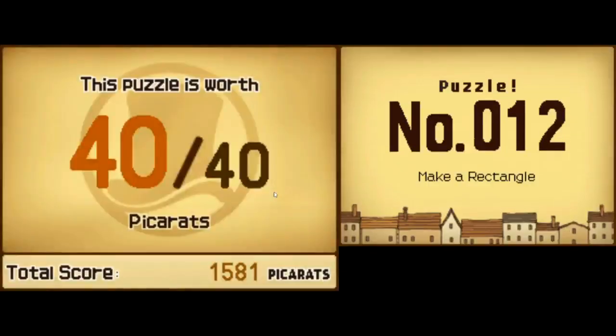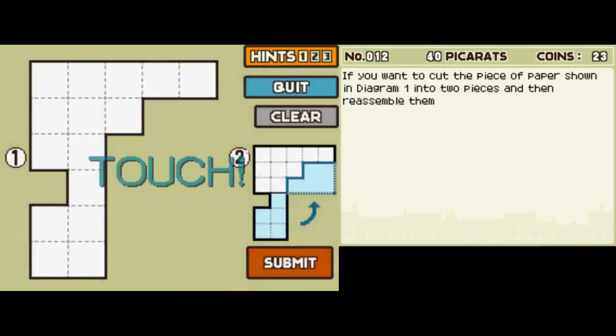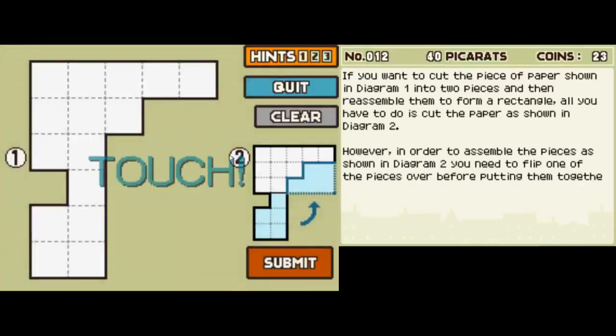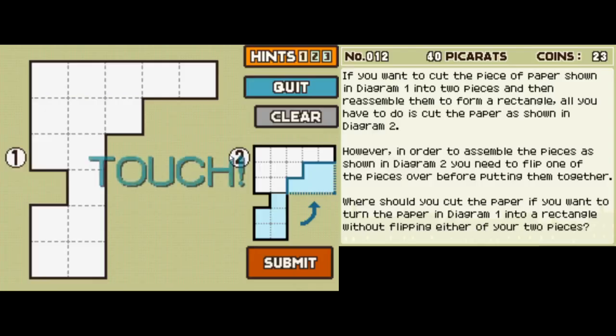Alright, puzzle number 12. Make a rectangle. If you want to cut the pieces of paper shown in diagram 1 into two pieces and then reassemble them to form a rectangle, all you have to do is cut the paper as shown in diagram 2. However, in order to assemble the other pieces as shown in diagram 2, you need to flip one of the pieces over and put them together.